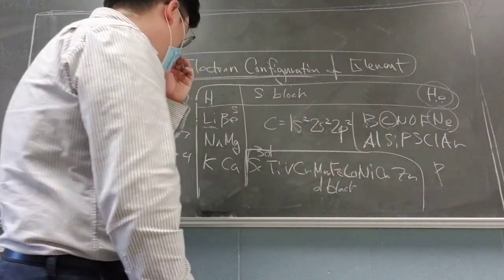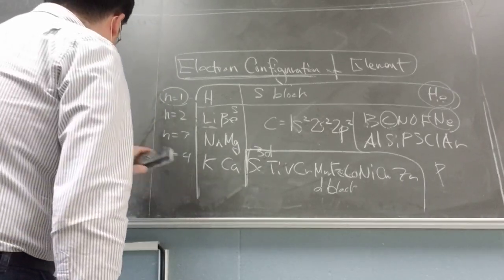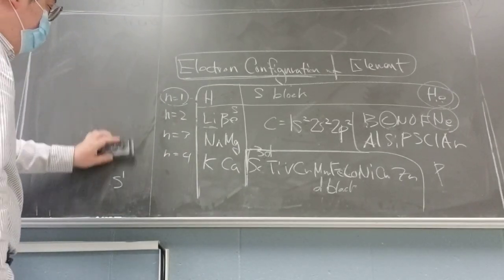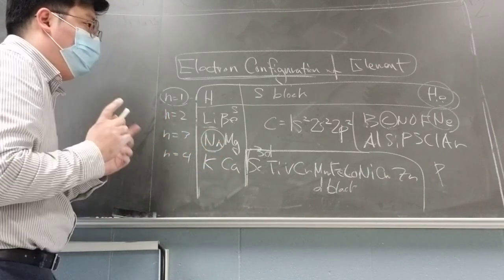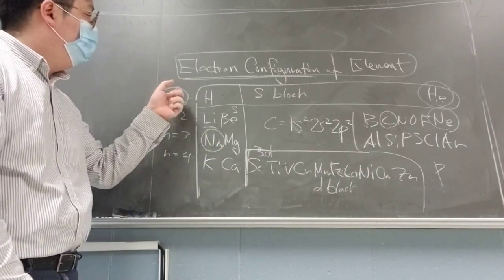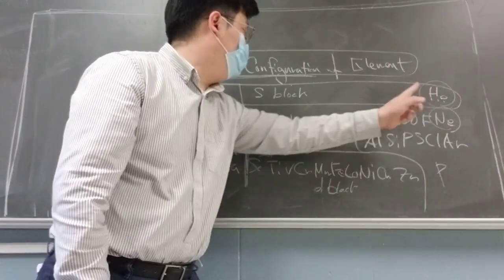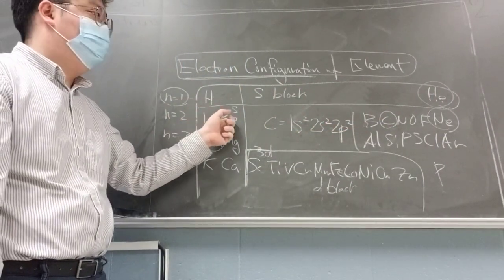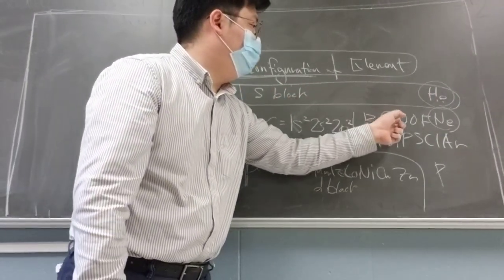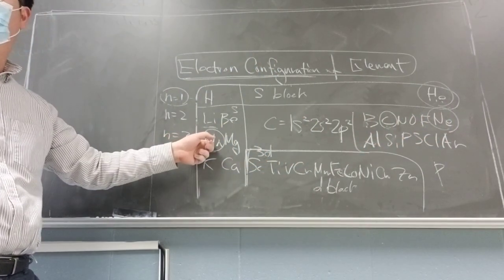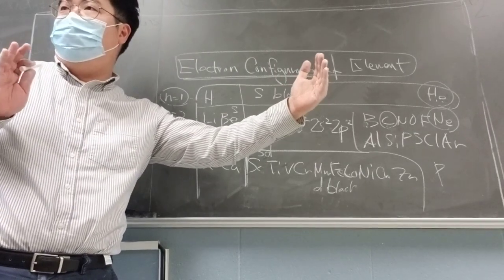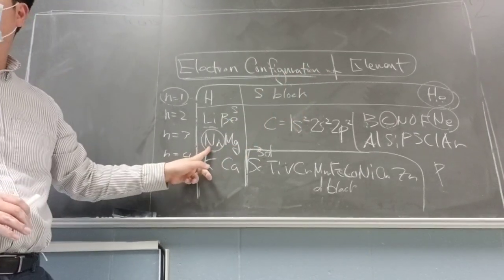So for example, if you want to do the electron configuration form for sodium right here, okay? Then technically speaking, it will be 1s2, 2s2, 2p6, and what? 3s1. That would be the whole electron configuration form for sodium, right?